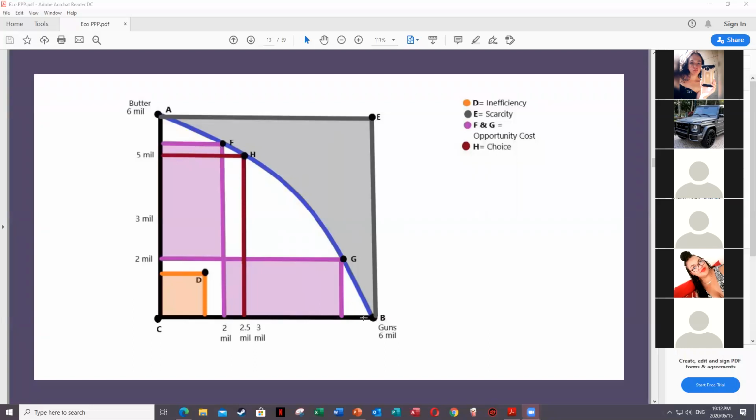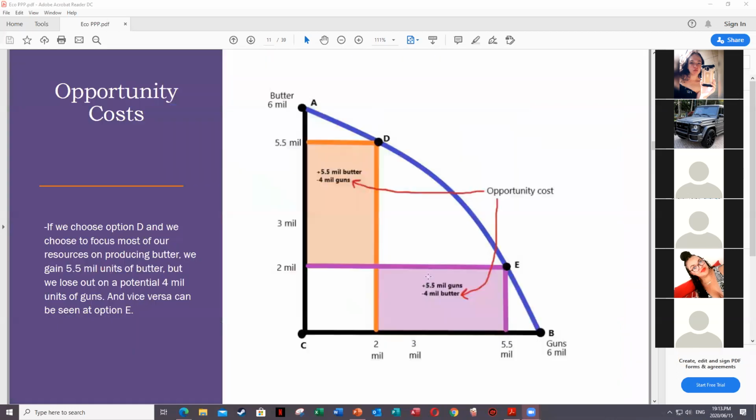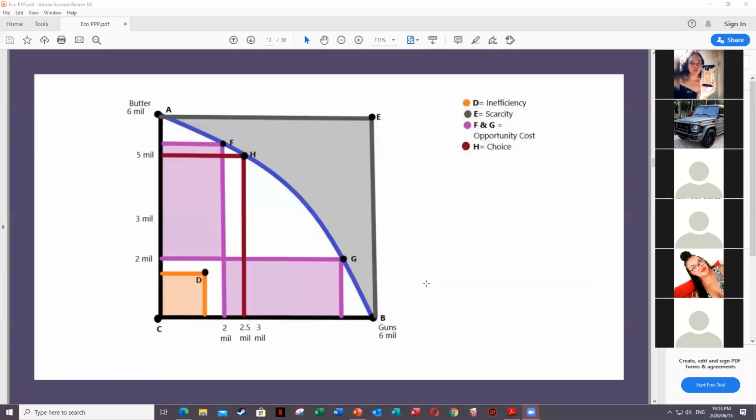Over here, there's F and then there's G. And then we've got choice, which is what the community has chosen. And that's all of it on one graph put together. And then obviously you've got your PPC of what is possible to be produced. So if you learn everything individually, then it'll be easy to put it into one graph like this.